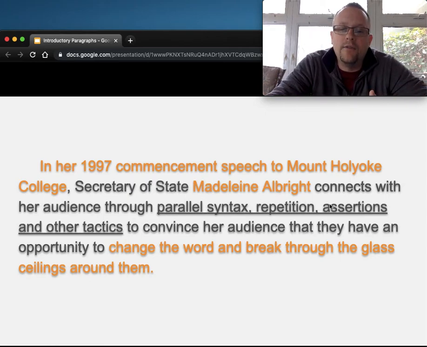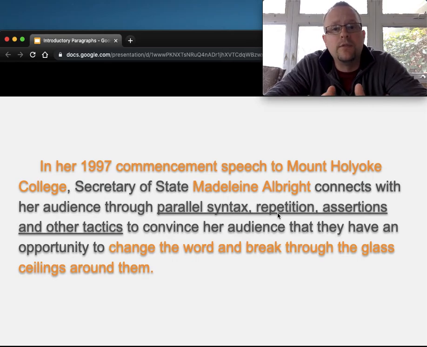We have, basically, our thesis, our rhetorical devices; well, the whole thing's a thesis, but we have the rhetorical devices: the parallel syntax, the repetition, the assertions, and other tactics. Yes, these two things are very similar, parallel syntax and repetition, but there can be different elements of that repetition that could differ from parallel syntax. So these are close to one another, but they still could be different devices when it comes to the overall body paragraphs.